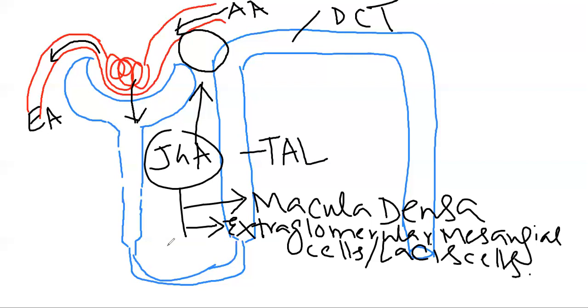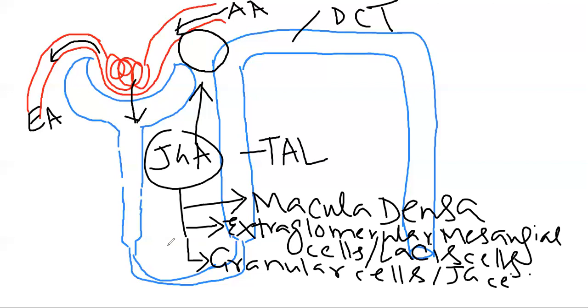And third one is the granular cell, or the JG cell, or juxtaglomerular cell. So these are the three types of cells which are present in this juxtaglomerular apparatus.